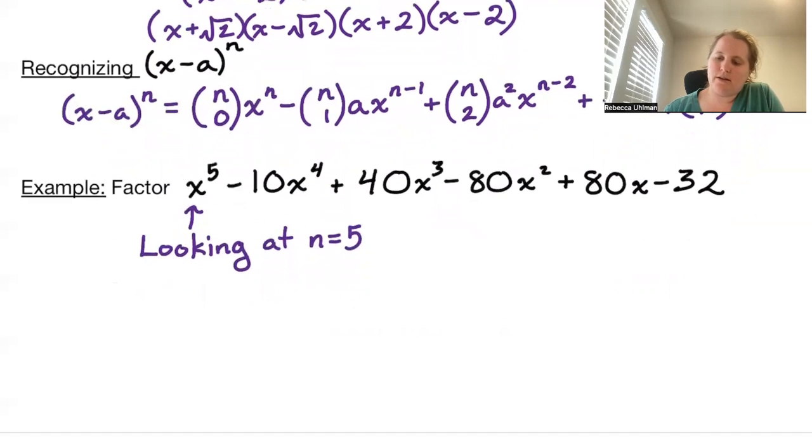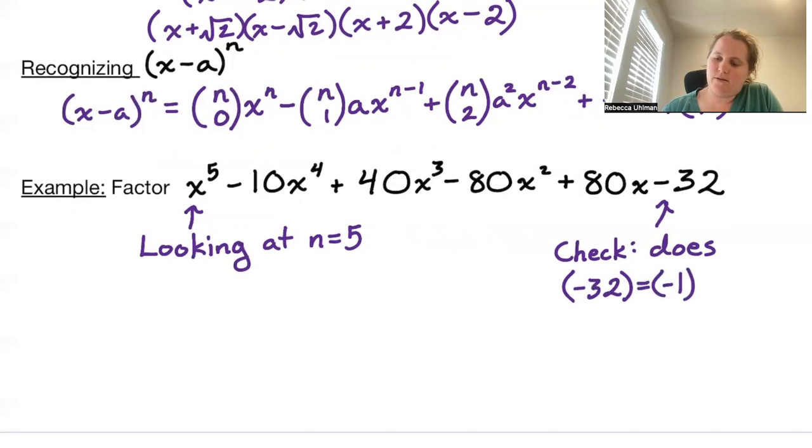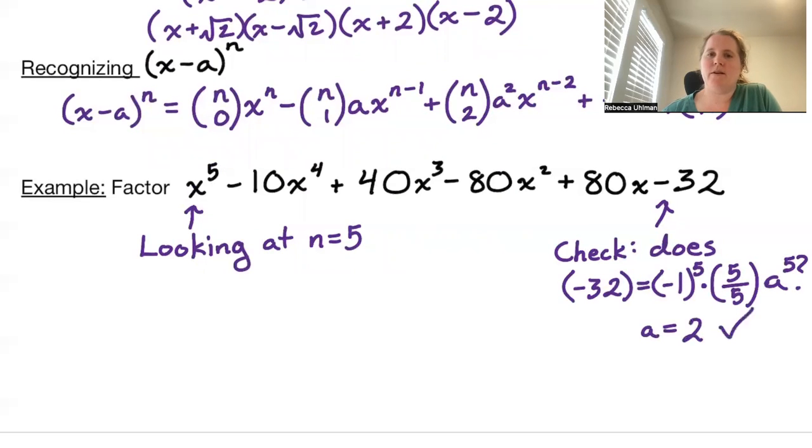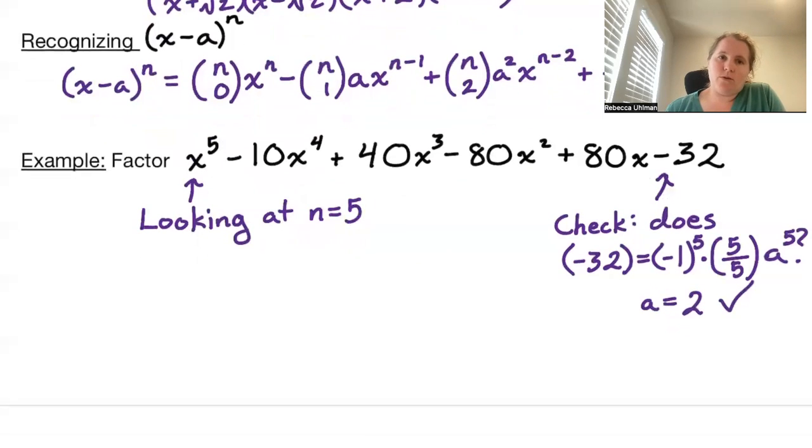So we're going to check: does negative 32 equal negative 1 to the 5th times 5 choose 5 times some a to the 5th? In this case, a equals 2 works, right? And then we need to check, does the whole thing fit? So we'll just go through and try.